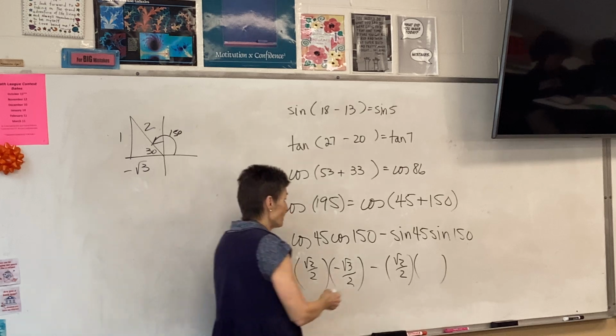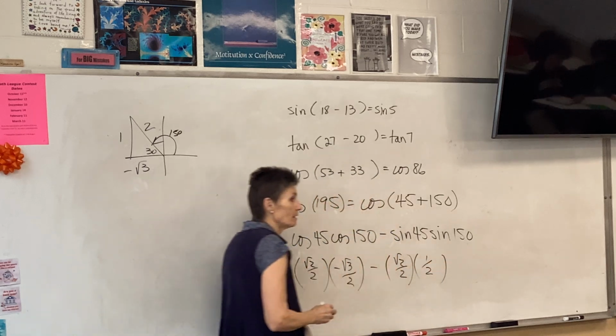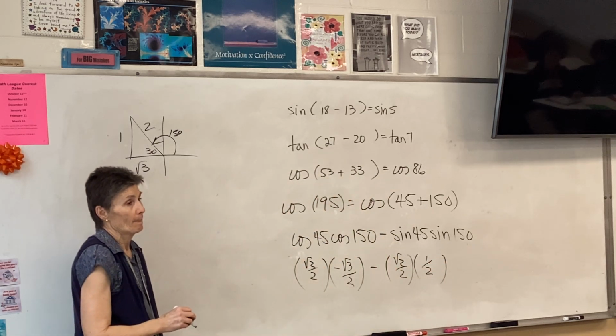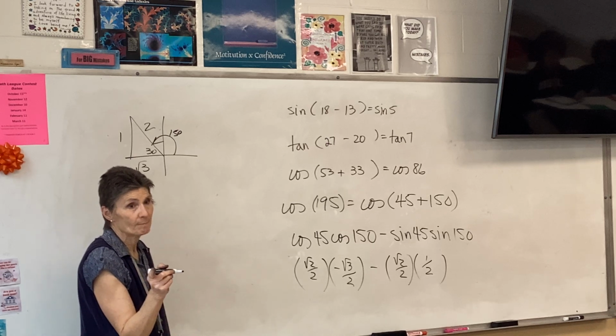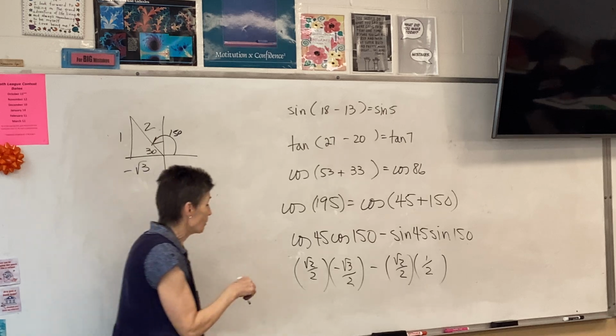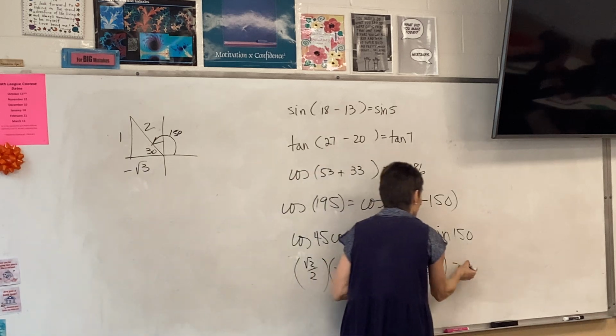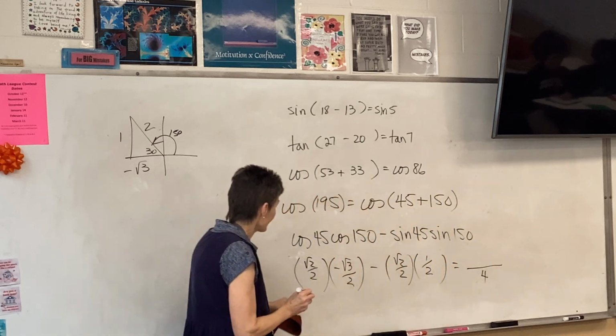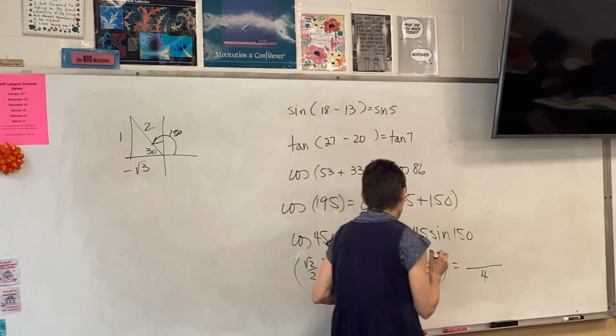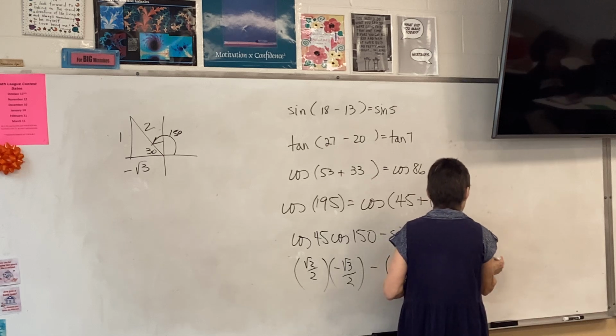The sine of 150 is still positive. All right, did I lose anybody in any of that? No? So my answer, again, it's just like the one we did a minute ago. My denominator is gonna be 4. I'm gonna have negative root 6 minus root 2.